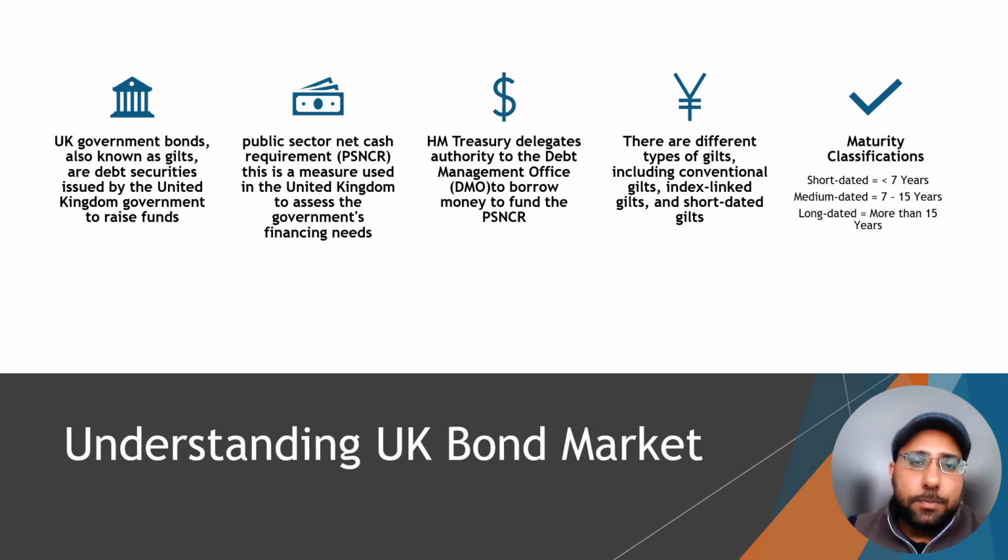So when it comes to the public sector net cash requirement, they just want to understand the government's financing needs. So what they tend to do is they look at the government's revenue. That takes into account tax receipts, dividends, any enterprises that they may own, or any other sources of income. Then they look at the government's spending.